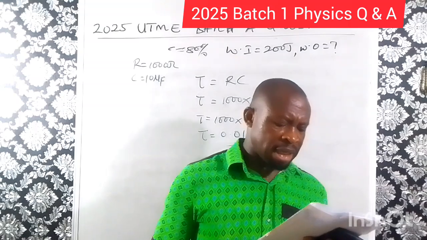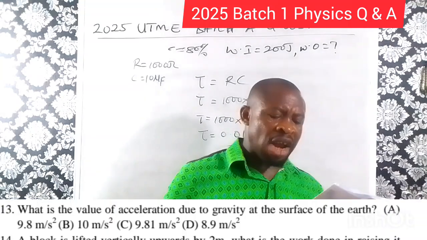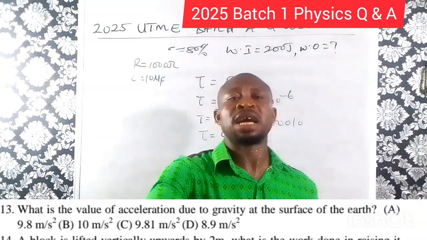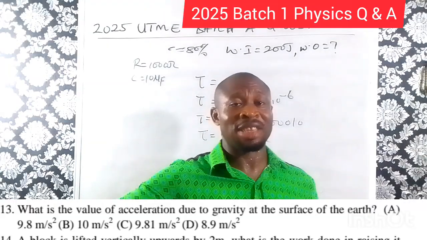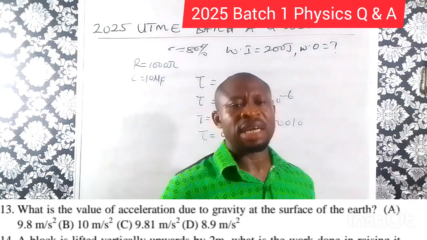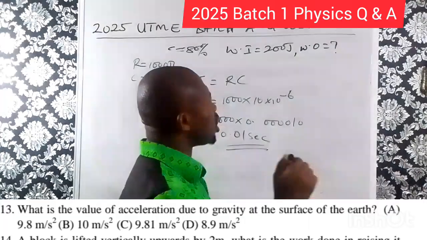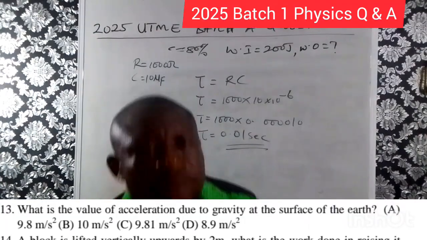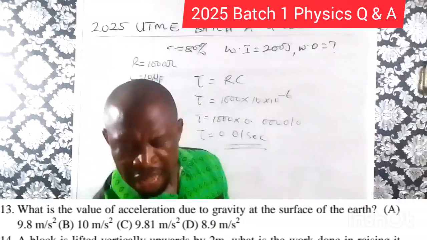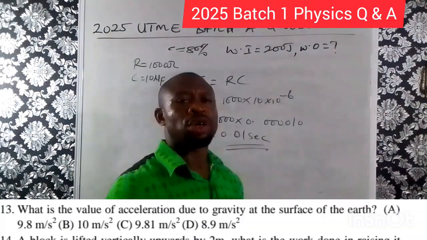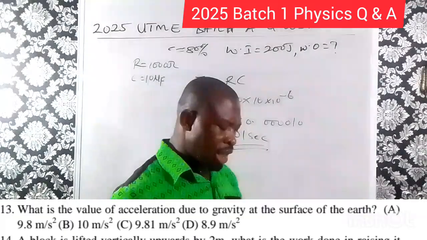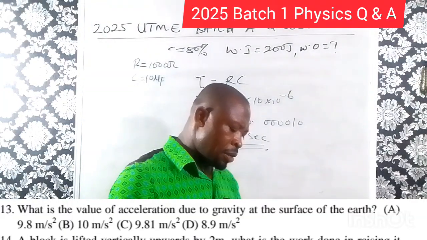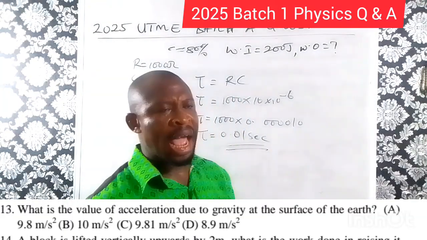The next question says, what is the value of acceleration due to gravity at the surface of the Earth? Remember that the Earth is not perfectly spherical. The Earth is egg-like in shape, or elliptical in shape.